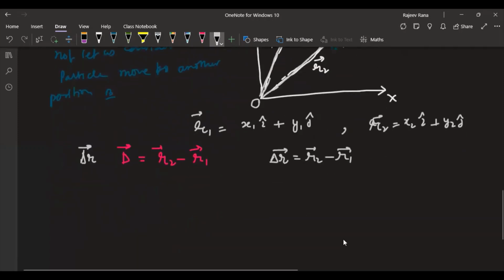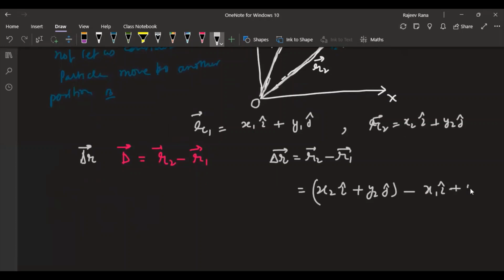You can substitute these values here: x2 i cap plus y2 j cap minus x1 i cap plus y1 j cap. This mathematical expression will help you to solve the numericals.